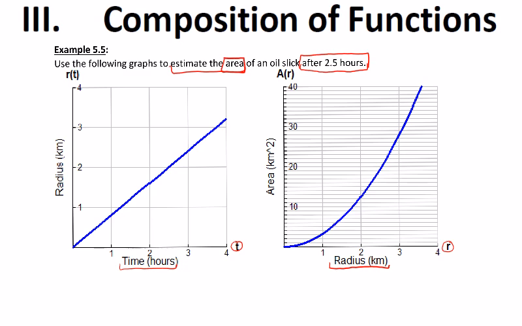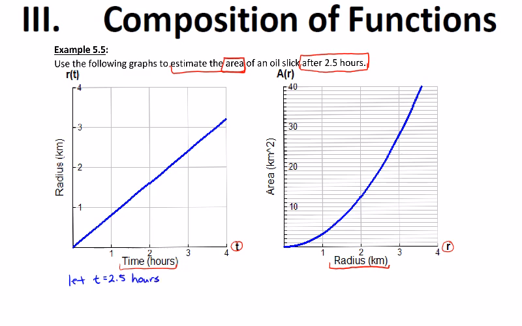It doesn't say anything about area with either of these, but I do know that I was given a time value. So I'm going to say let t be equal to 2.5 hours.